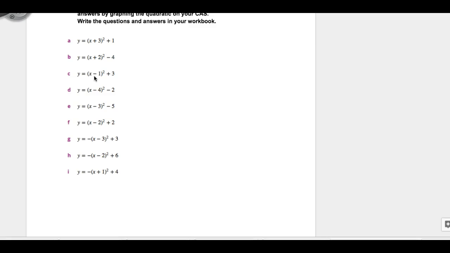Let's do B, H and I. Have a go at doing those three on your own. Press pause and you can come back and I'll do the solution for you.